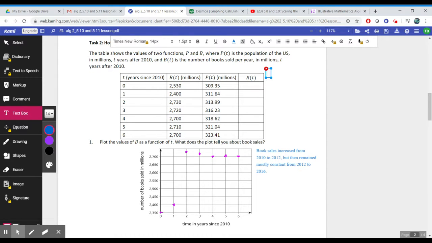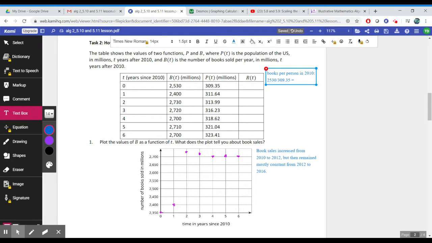So that means to find my books per person in 2010, what I'm going to do is divide the number of books by the number of people. So 2,530 divided by 309.35.